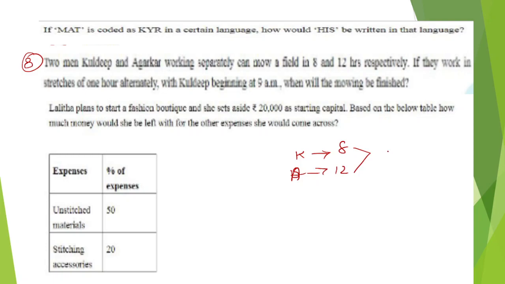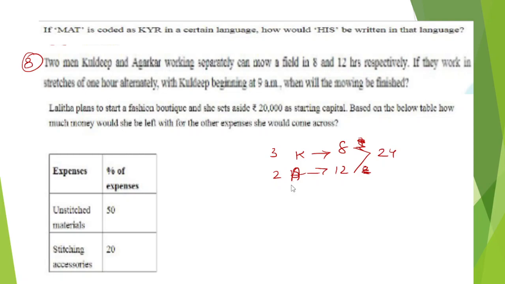Take the LCM. Efficiency will be, we can put efficiency here as well. 8 into 3 is 24, 12 into 2 is 24.